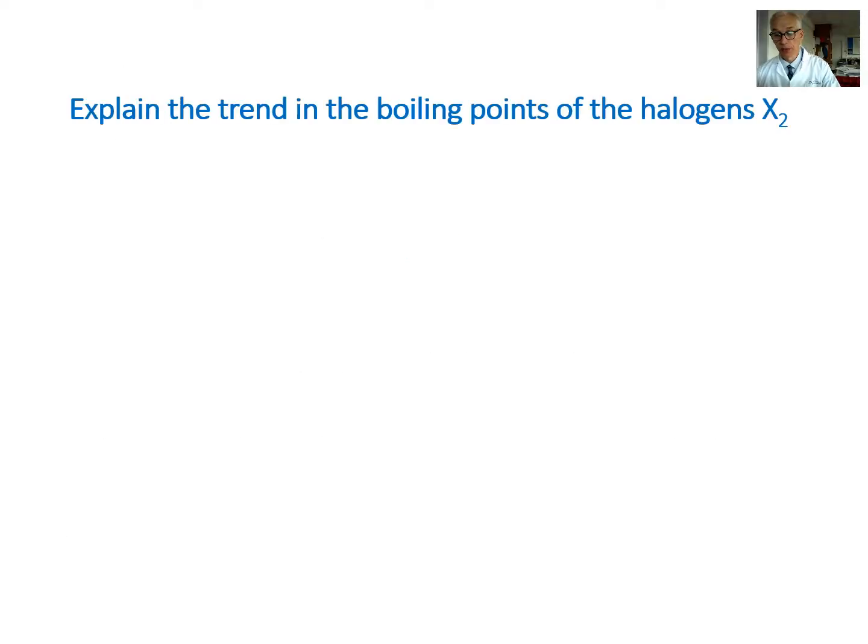Okay, so a typical problem involving intermolecular forces might be: explain the trend in the boiling points of the halogens. So the halogens are written as X2. I hope you're familiar. Well, I'll make you familiar if you're not. So by that I mean any halogen, Cl2, Br2, I2.